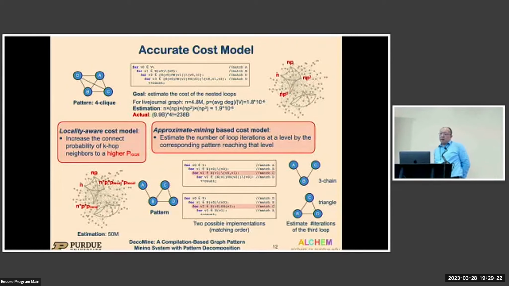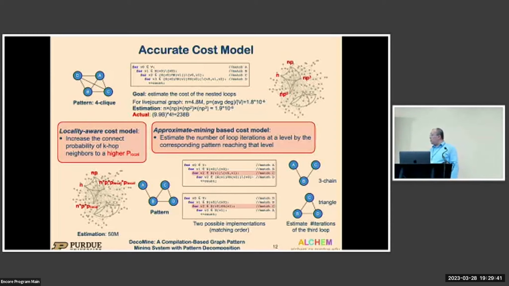So the central idea is to estimate the number of loop iterations at a level by the corresponding pattern reaching that level. So for example, here we have a pattern, and these are two possible implementations of the matching of the pattern, right? So you can see that we can have a different matching order.